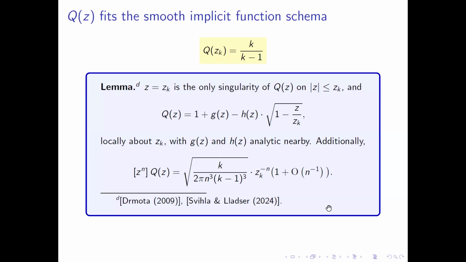But more importantly, we get that the singular point we found is the unique singular point of smallest modulus, and we get a singular expansion about this singularity in terms of these analytic functions G and H. And we'll see that because we can write Q in this way, that makes it a lot easier to find the counting sequences of the partial derivatives.